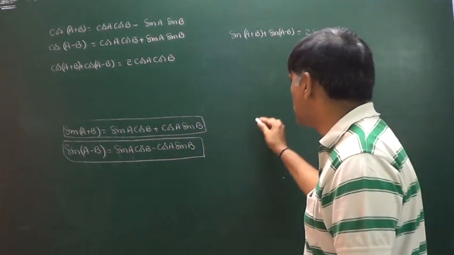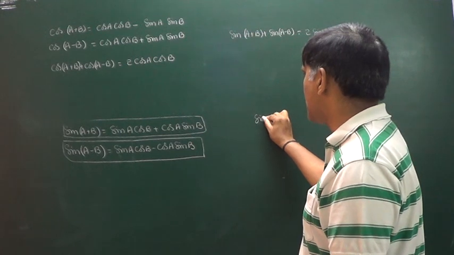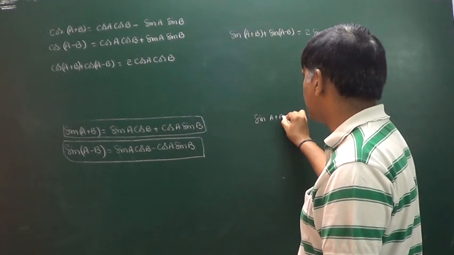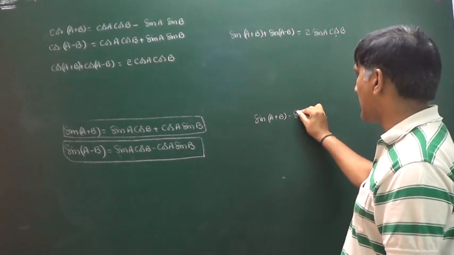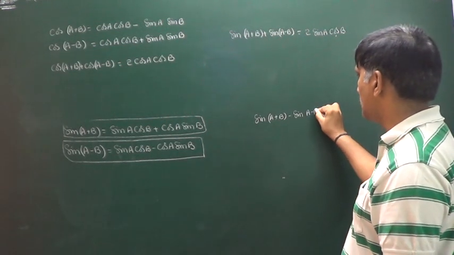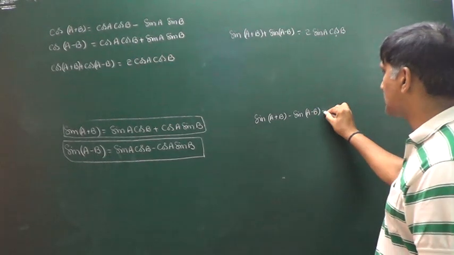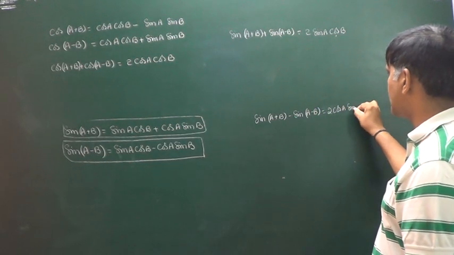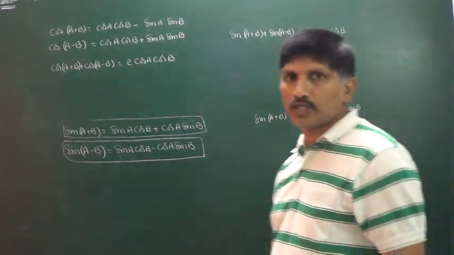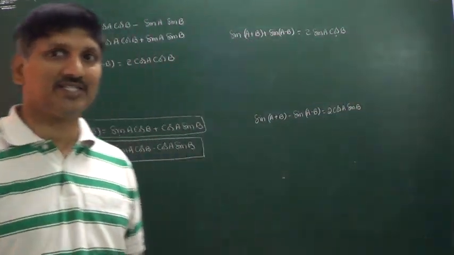If you subtract these two formulas, what happens? Sin A plus B minus sin A minus B is equal to 2 cos A sin B.